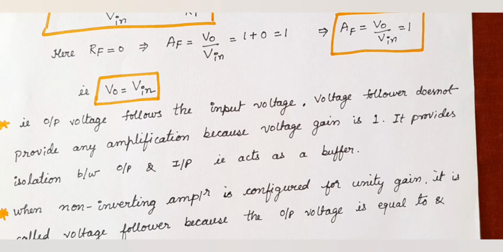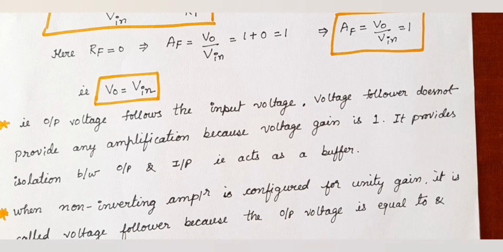The voltage follower does not provide any amplification because the voltage gain is 1. Then what does it do? It provides isolation between output and input. That is, it acts as a buffer.